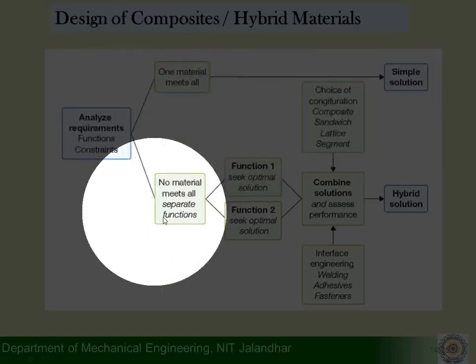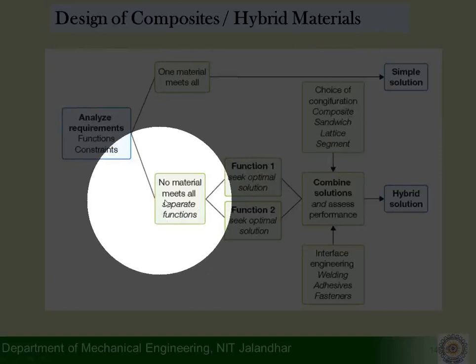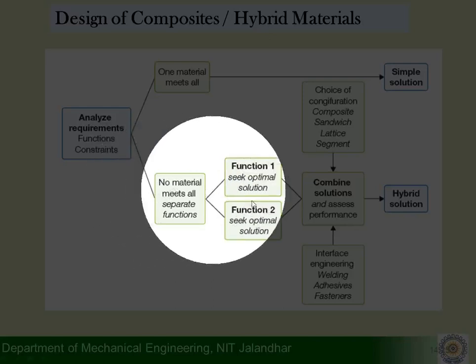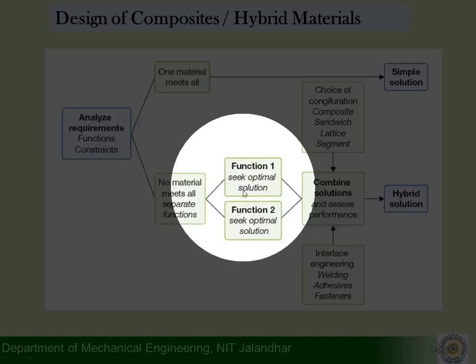But more challenging cases arise when there is no single specific material which can fulfill these requirements, and that is why you need to see that maybe function 1 is better performed by one material, function 2 is better performed by a second material.